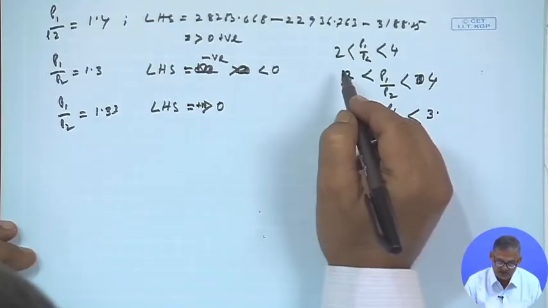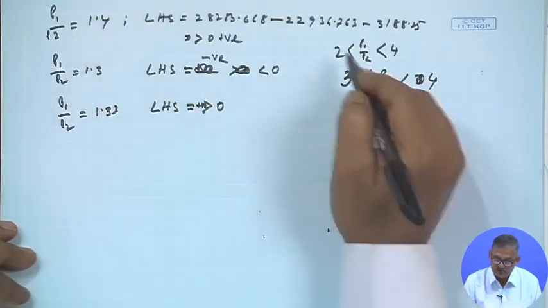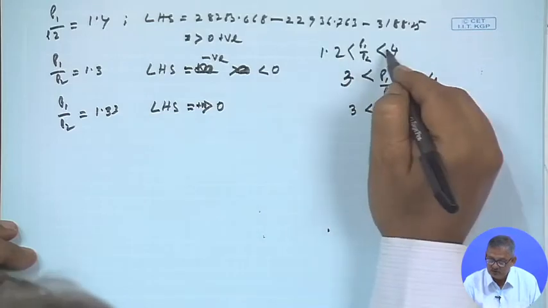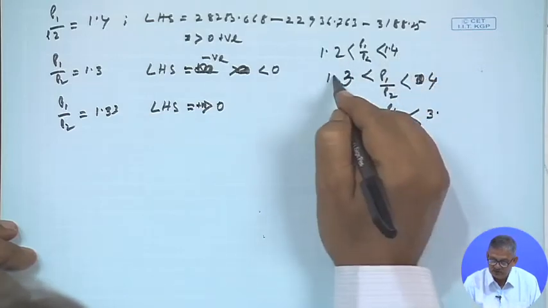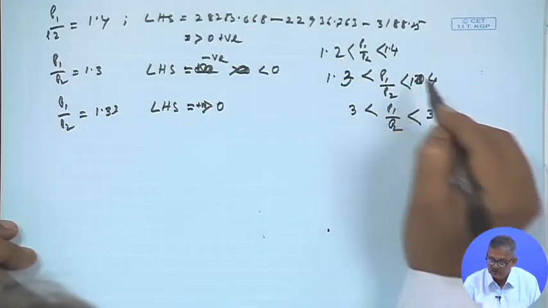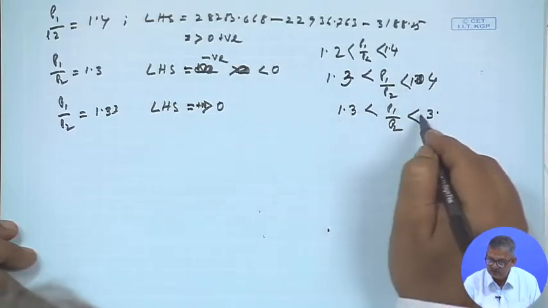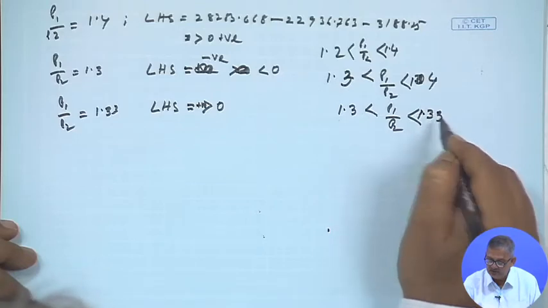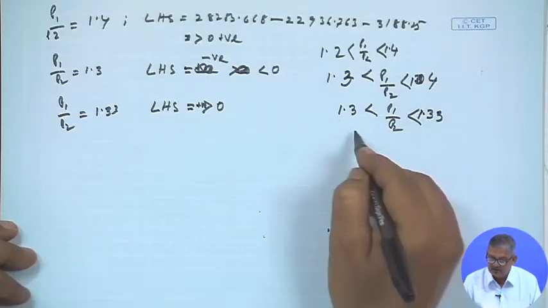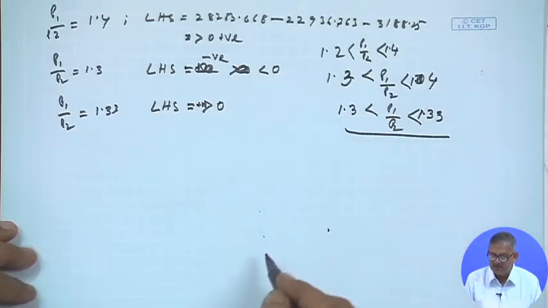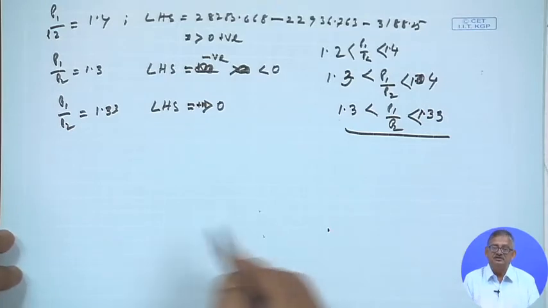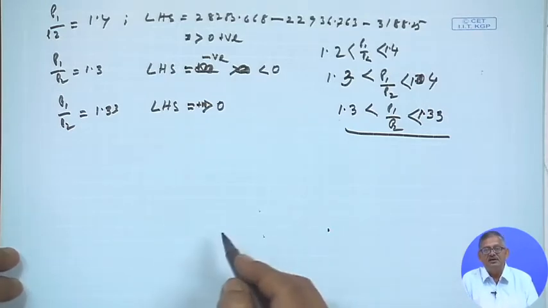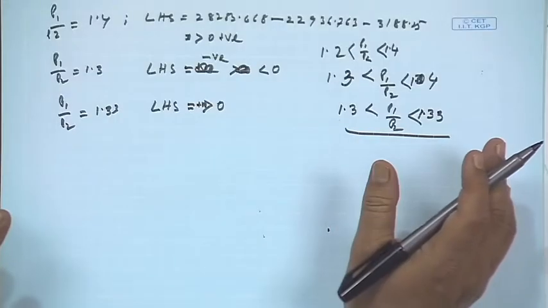So, it should have been P1 by P2 1.2, 1.4, 1.3, 1.33, right. So, it lies between 1.3 and 1.33. So, this way, so it is 1.3.